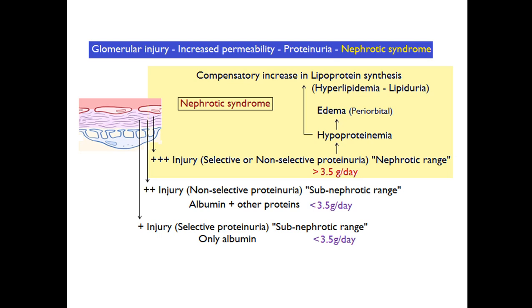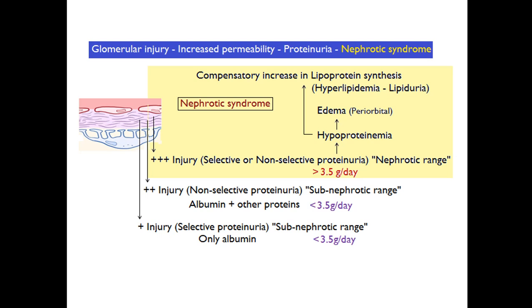Now, proteinuria where more than 3.5 grams of albumin is lost per day will lead to hypoproteinemia, fall in colloidal osmotic pressure, and edema, which will particularly appear in the periorbital region around the eyes, where the connective tissue is comparatively loose.